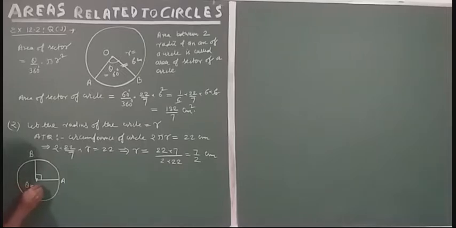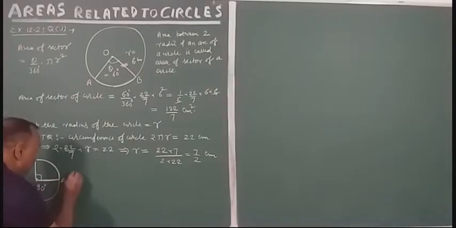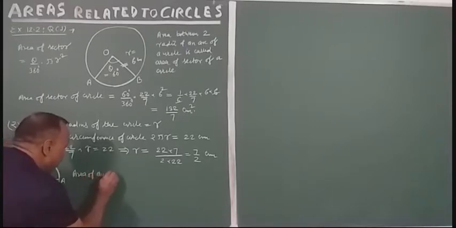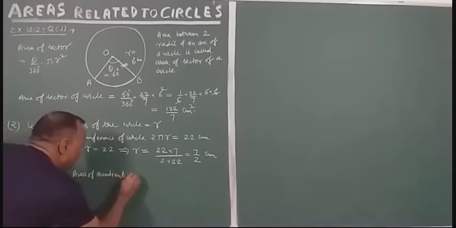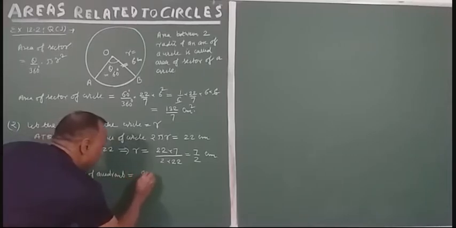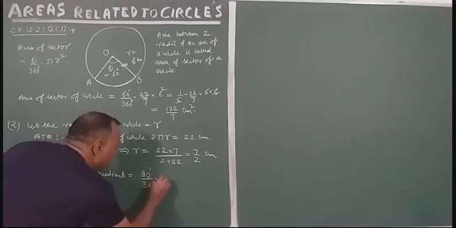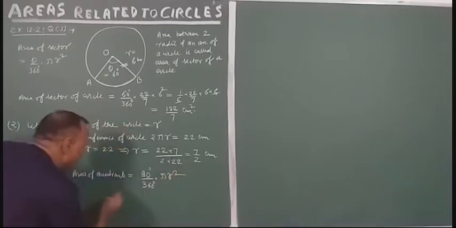When theta is 90 degree, then the area bounded between two radii and an arc is known as quadrant of a circle. So therefore, area of quadrant will be theta, which is 90 degree upon 360 degree into pi r square.